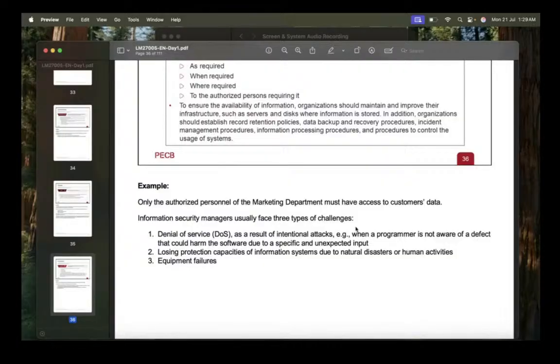So if in any way it goes out, it creates a lot of risk. It is a threat to the organization. That is where these things come in.